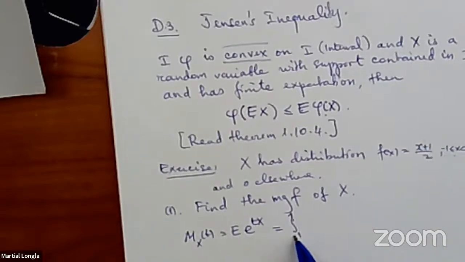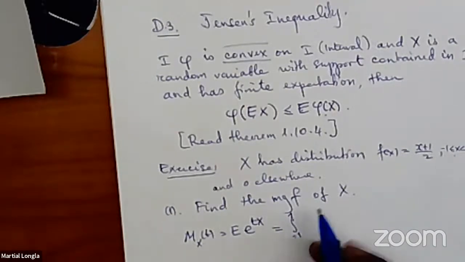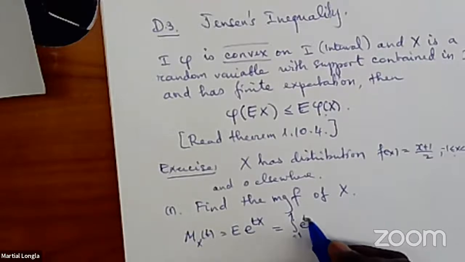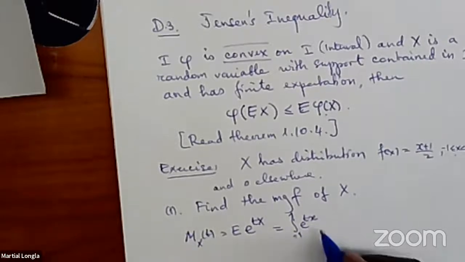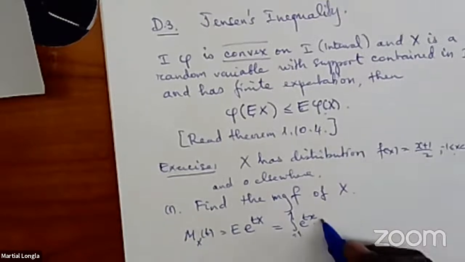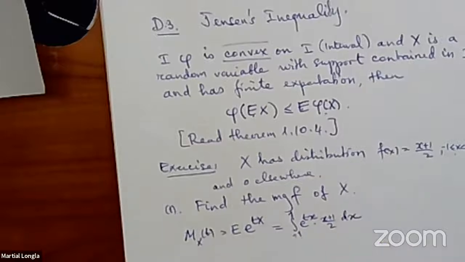So we just integrate from minus 1 to 1, e to the tx times the density, which is (x plus 1) over 2, dx. So we need to compute this integral. We do it by parts.